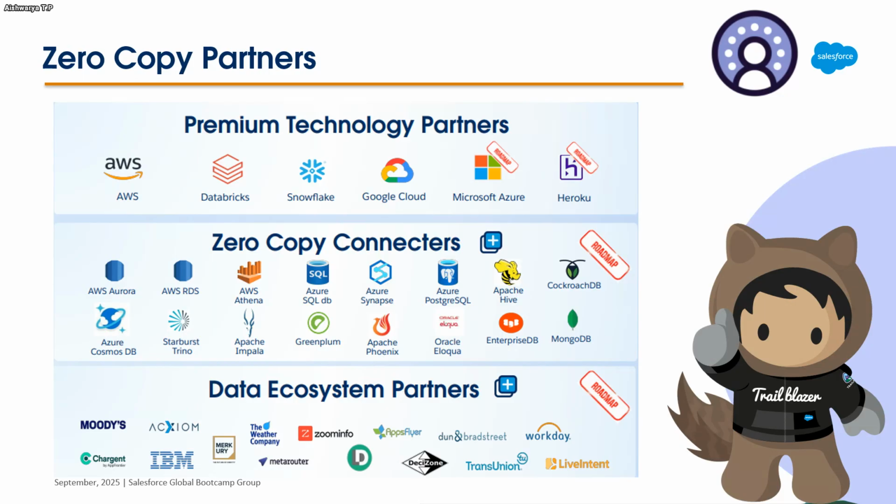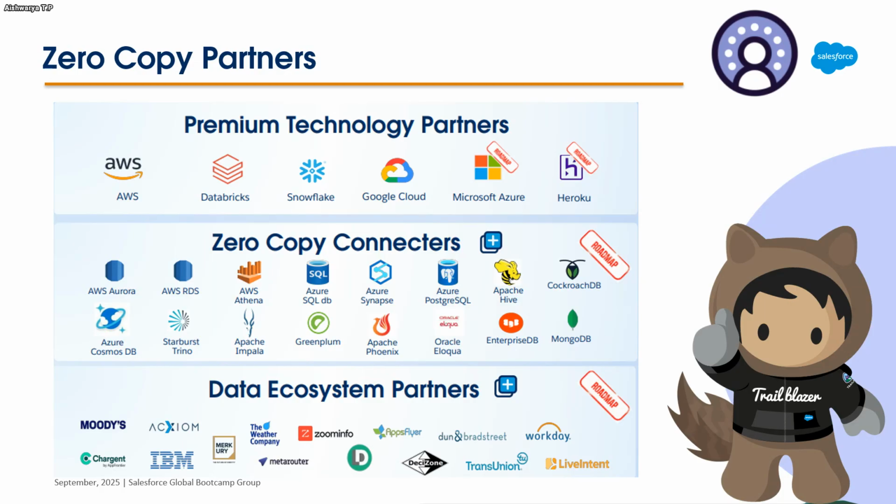with the zero copy approach. Then zero copy connectors, you can see Aurora, RDS, Athena, all these things are supported, and the roadmap is for Cockroach DB. But still, even without zero copy you can connect Cockroach DB directly to Data Cloud. And for some data ecosystem partners, if you are using any of these applications today, then also you can connect them with zero copy and bring the data via zero copy.